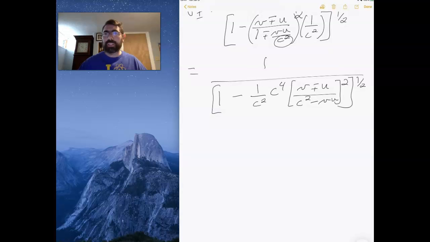Okay, so let's clean this up a little bit more. This gives me a c squared, and now what I want to do is take the denominator and bring it out.